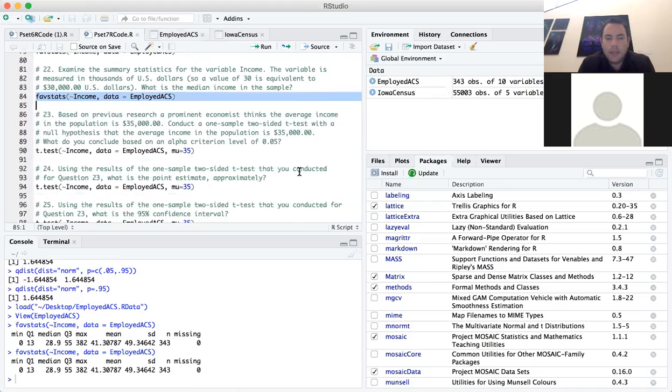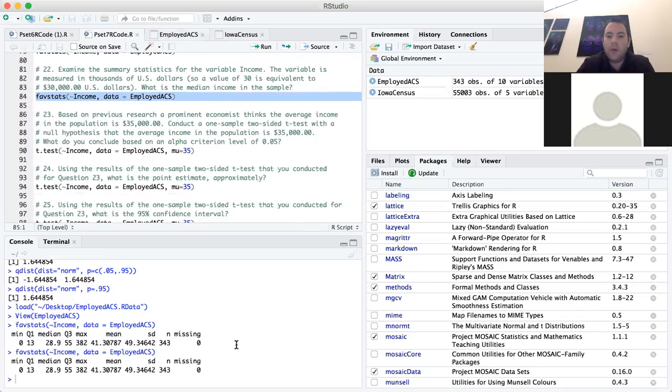So the t-test is a hypothesis test, and the hypothesis test will be testing whether the null hypothesis of the average income in this population is 35,000, right? So here we actually just found that the mean is 41,300, but the median is lower. It's actually 28.9.